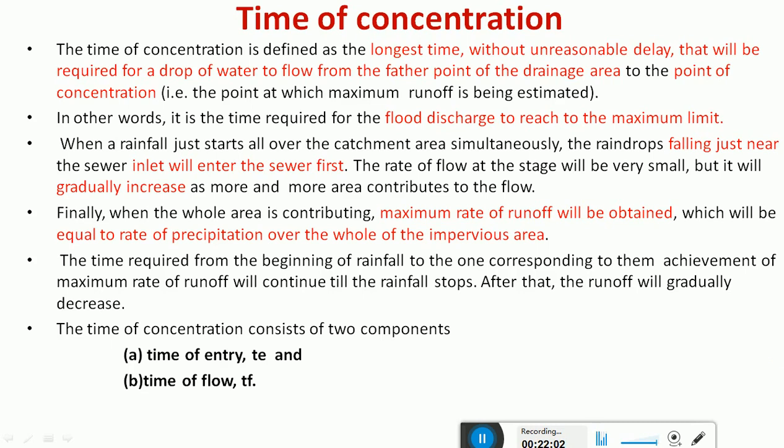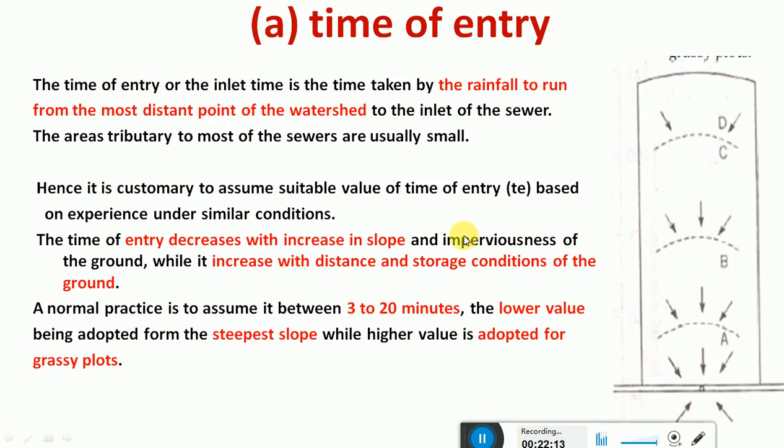For ease of understanding, this is divided into two components: one is called time of entry and the other time of flow. If you see here, this is the catchment area and this is the point of consideration in a sewer. A, B, C are different types of drainage areas.